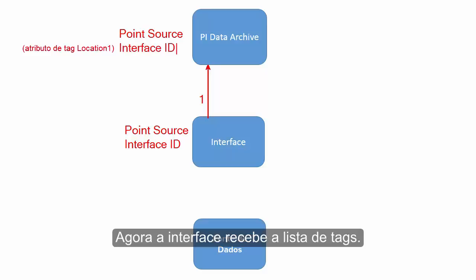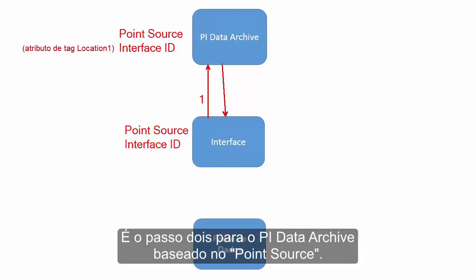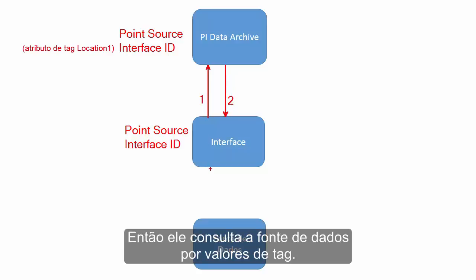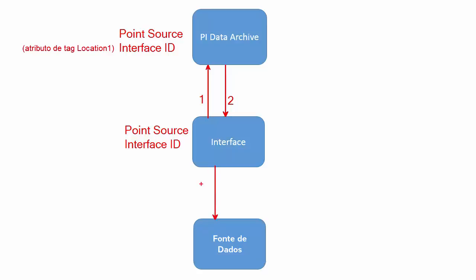Now, the interface acquires the list of points, this is step 2, from the PyData archive based upon point source. And then it queries the data source for tag values.